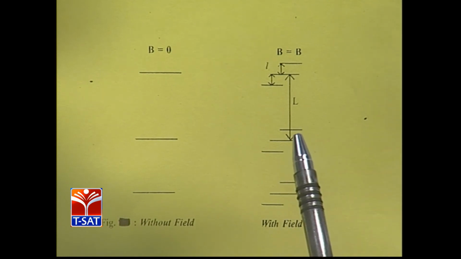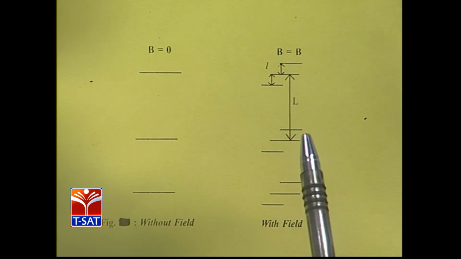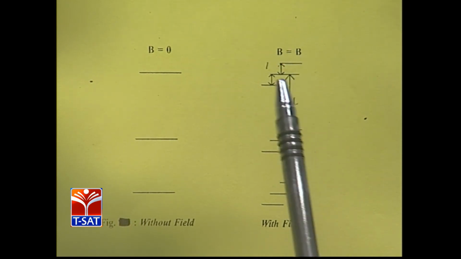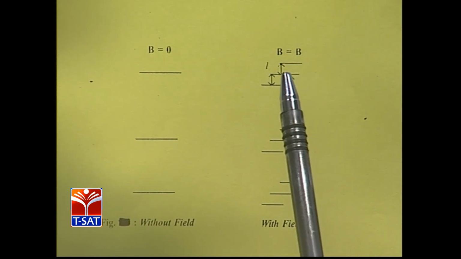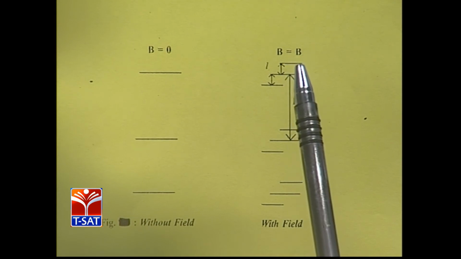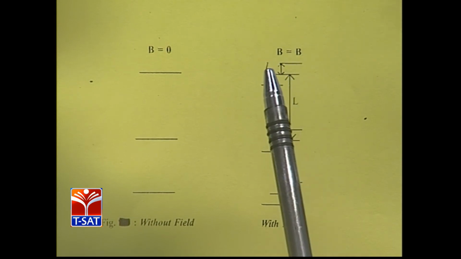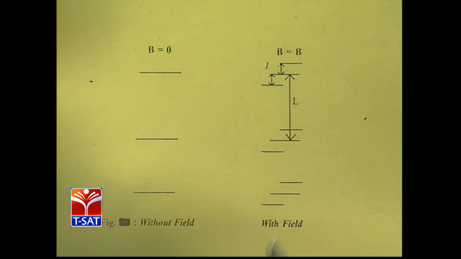Now you find from the middle part to the middle part is L, and after splitting, from the lower part to the middle part, or again from the middle part to the upper part, is small l. Like this we will have small l and capital L determined from the spectrum.